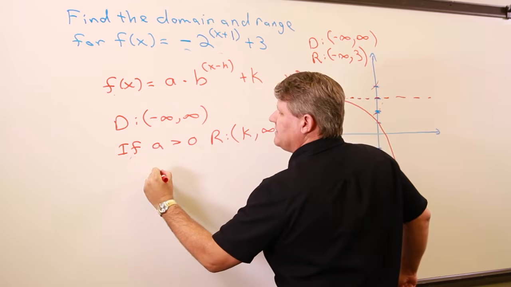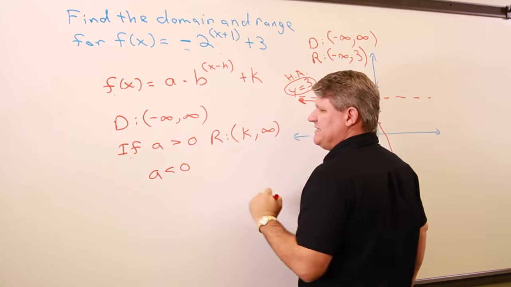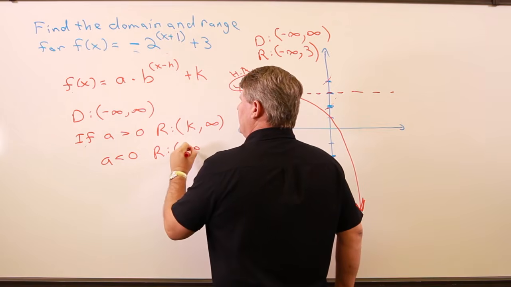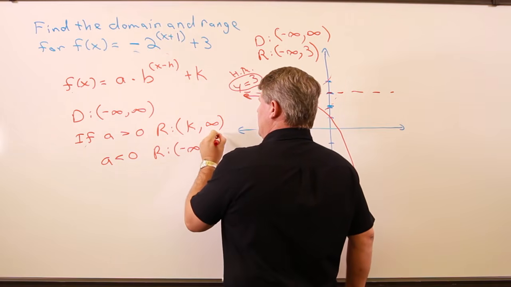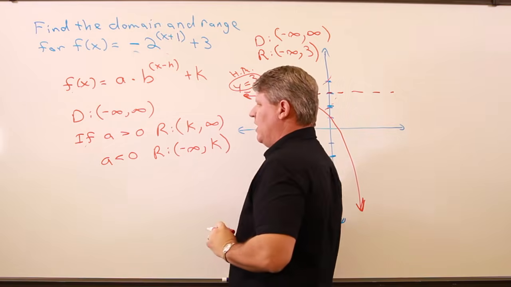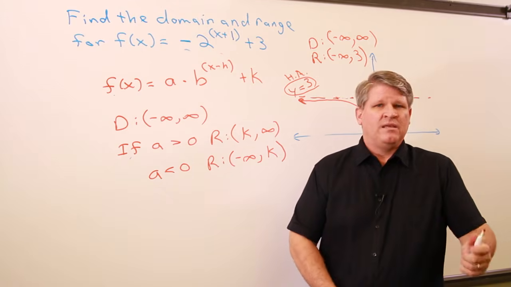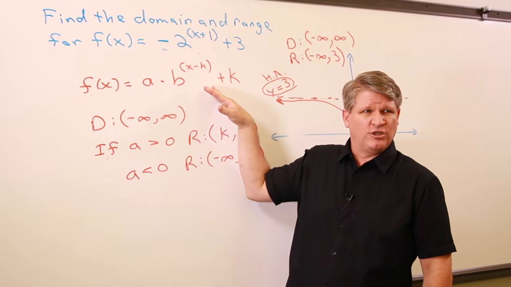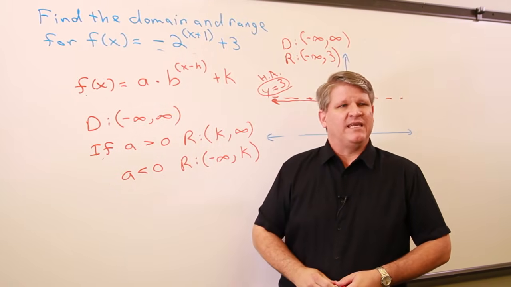However, in our example, we had an a that was less than 0, which means our range was negative infinity to k, again with a parenthesis on the k. That would be how we could find the domain and range of any exponential function, even without actually taking the time to graph it.